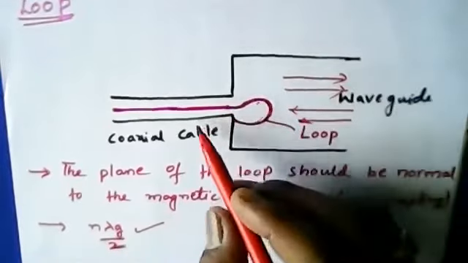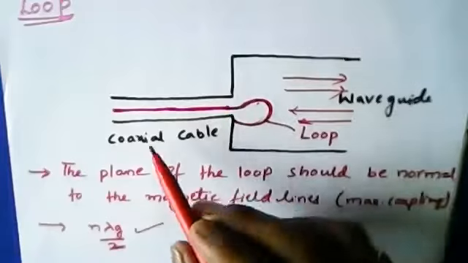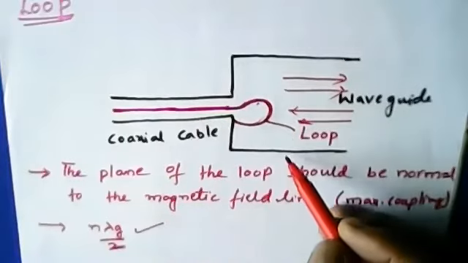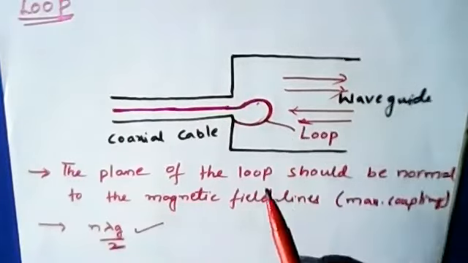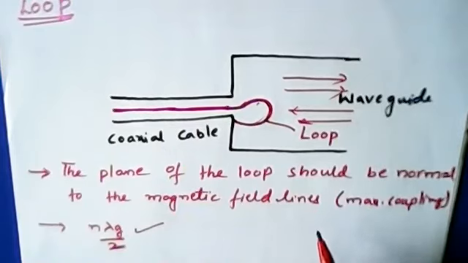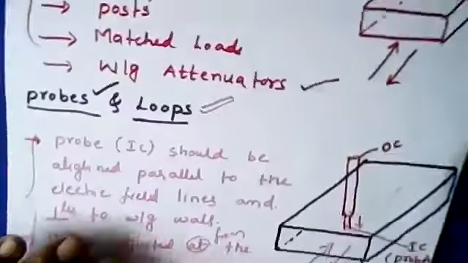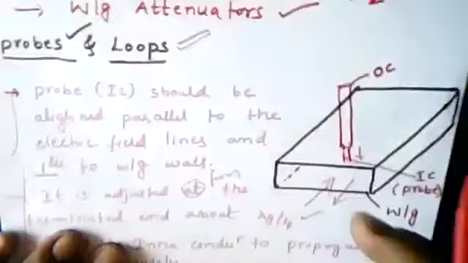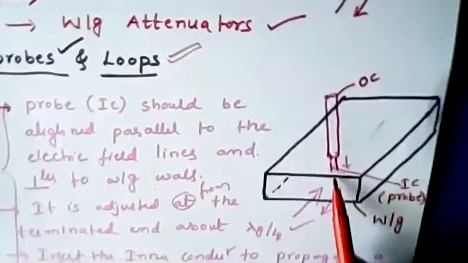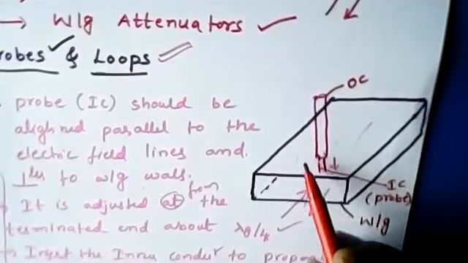So that is the extreme care we need to take for aligning this loop into the waveguide. These are the details regarding the loop, and the same applies to the probe also. We can see here the probe, which is also aligned accordingly.